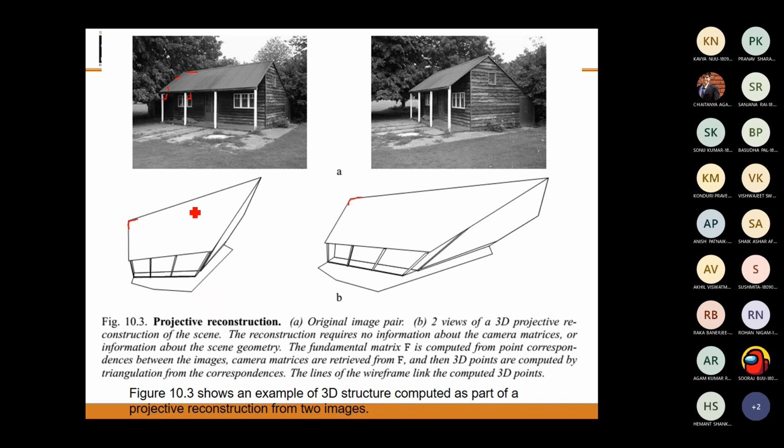So the intersection and straightness of the lines are preserved when doing a reconstruction in the projective space, but the lengths, angles, etc. are not preserved. This is something we've already discussed in the first few classes, right?